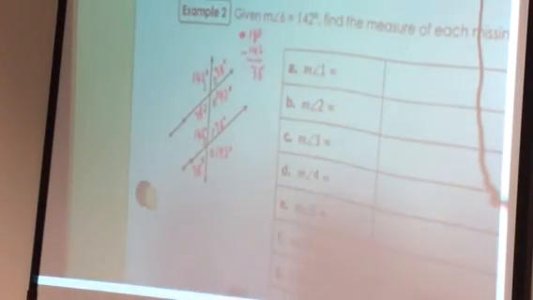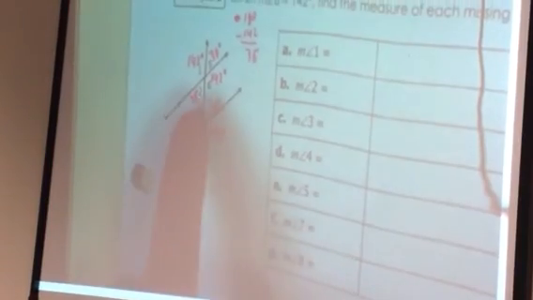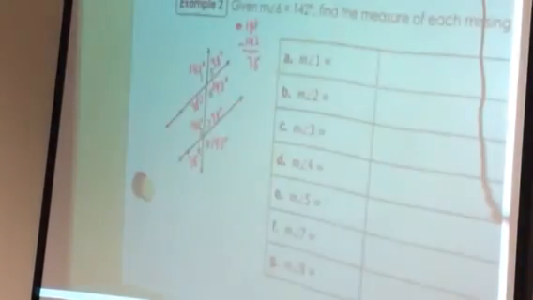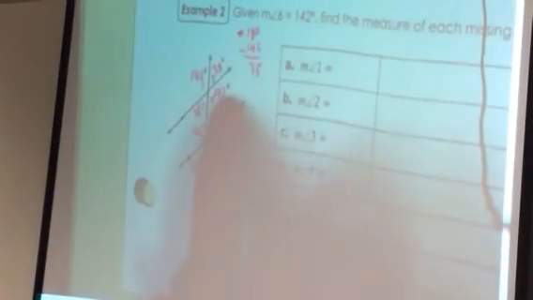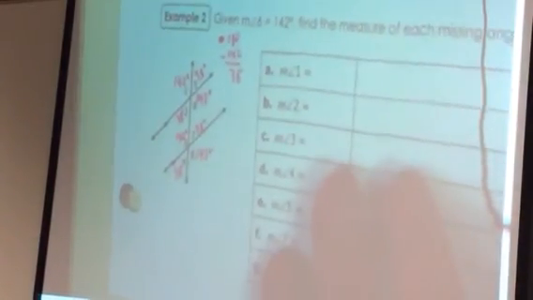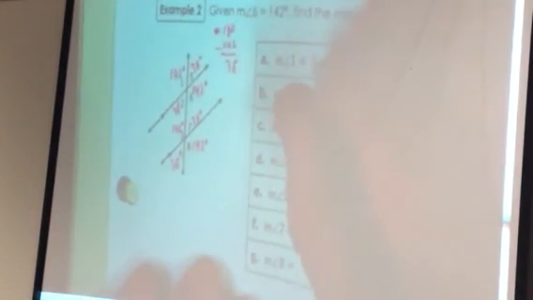Now what this example did to try and trick you is your numbers are not listed the same way your angles are listed at the top, right? So it's not going to be, like at the top, angle 1 is equal to angle 3. Well, it's still equal to angle 3. But angle 3 is not in the same place as angle 3 was on the top, right? So you always have to look and see how it's numbered and then go back and make sure you write them correctly. So angle 1 was 142.